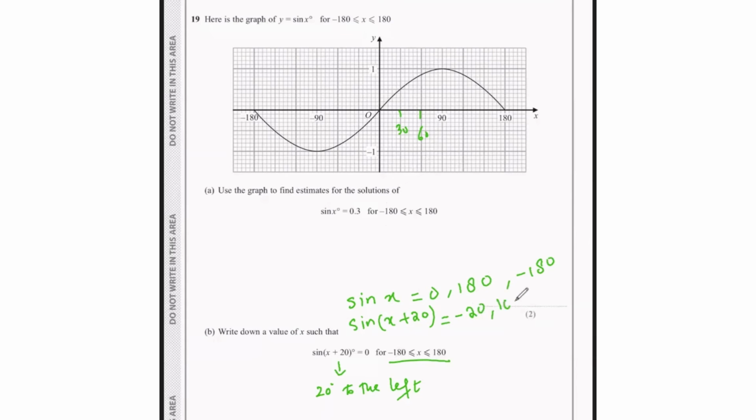This would be 160 because 180 minus 20 is 160. And this would be negative 200. So the only values that go over here are negative 20 and 160. So that is our answer.